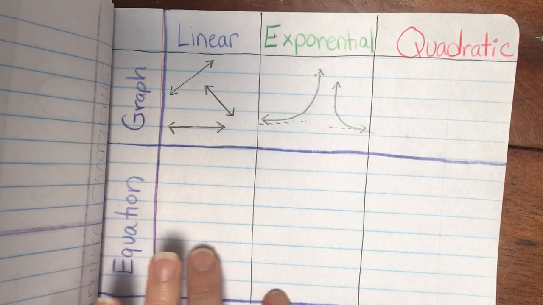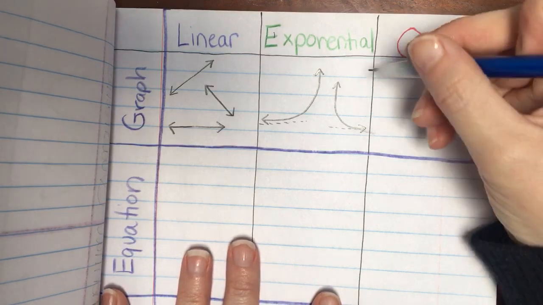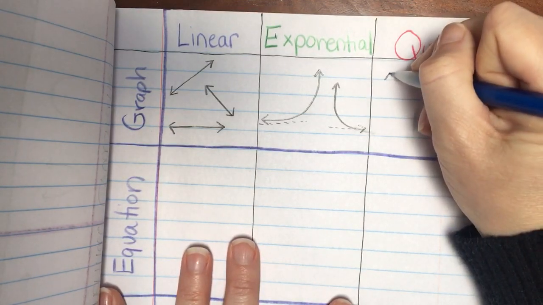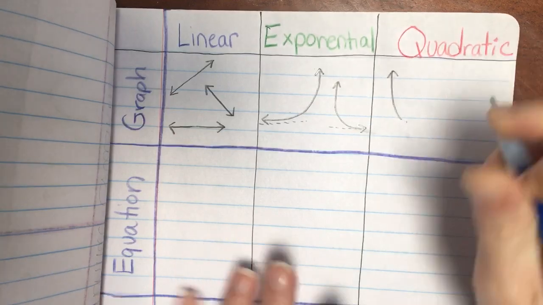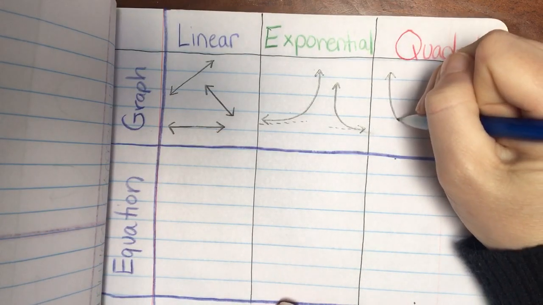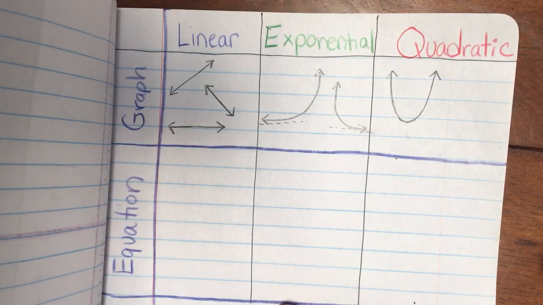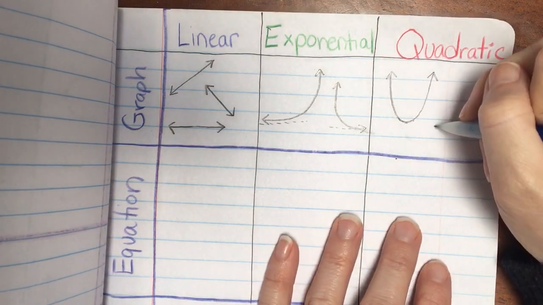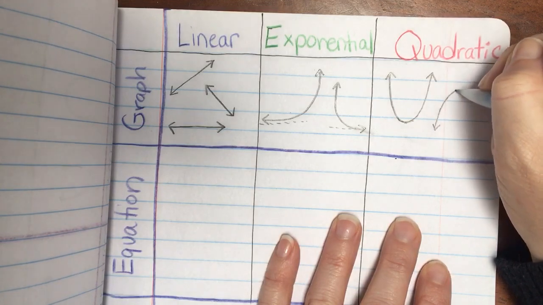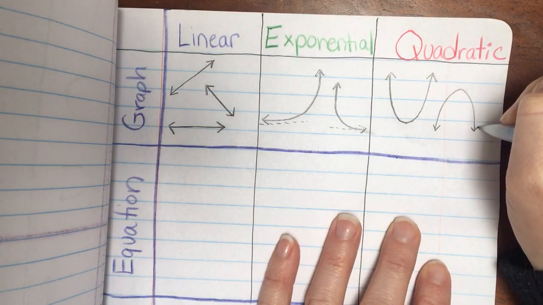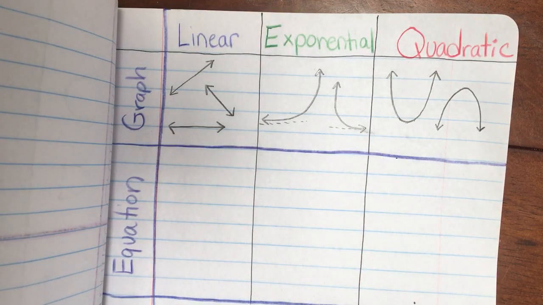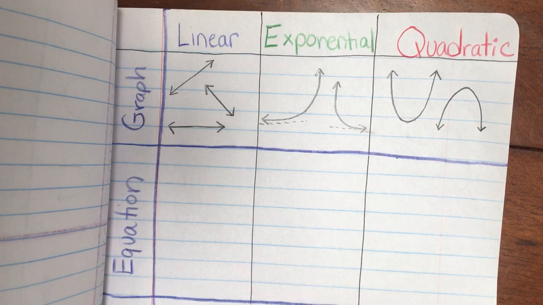Quadratics are our newest function. Quadratics look like this on a graph, every time. You've seen quadratics from last chapter; we kind of introduced them. They look like a U. They can be opened up or opened down. They could also be very wide or very narrow, and we're going to get into that next chapter.